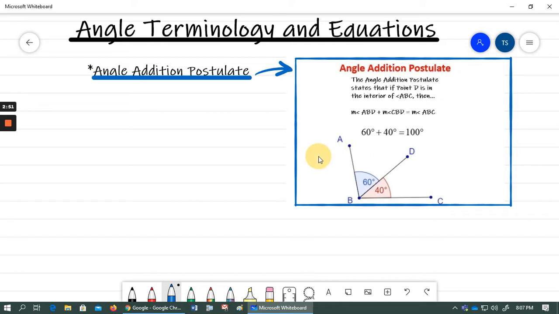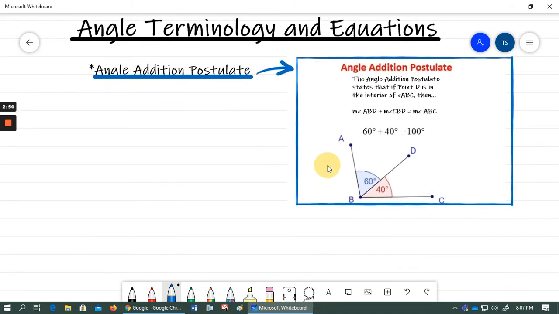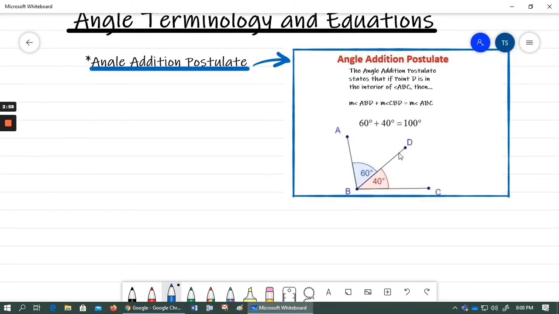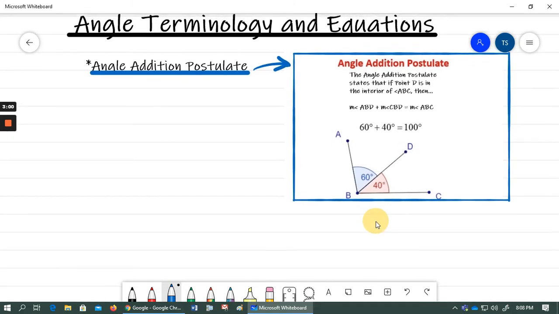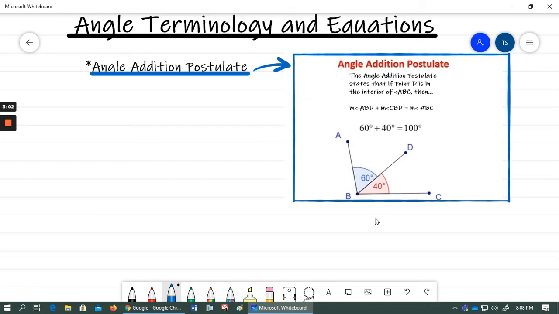It's not somewhere outside of the angle, like over here. It isn't anywhere exterior to the angle. Point D is interior to the angle. So if point D is in the interior of angle ABC, then what must be true is this.